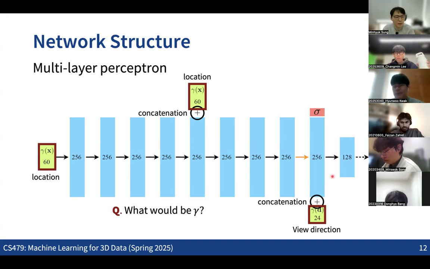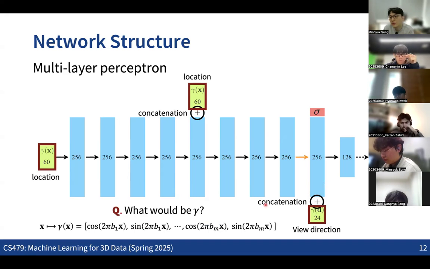So this is the sinusoidal functions, the Fourier features, which is also called the positional encoding. So here the 60 and the 24 mean that we are mapping the XYZ three-dimensional input into 60-dimensional vectors, by having 60 sinusoidal functions with all different frequencies.